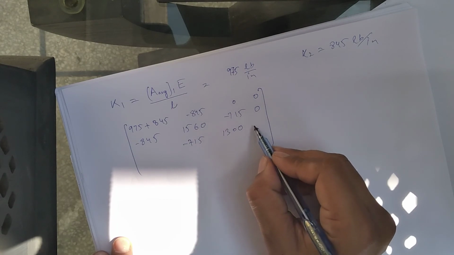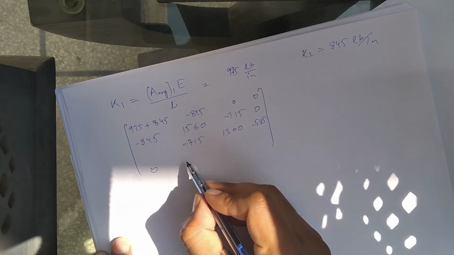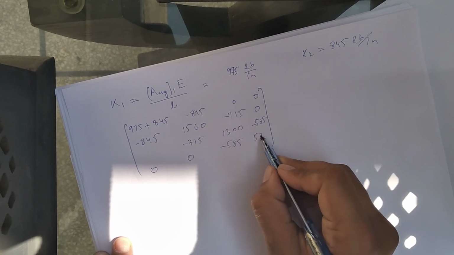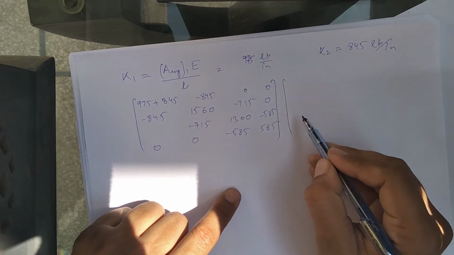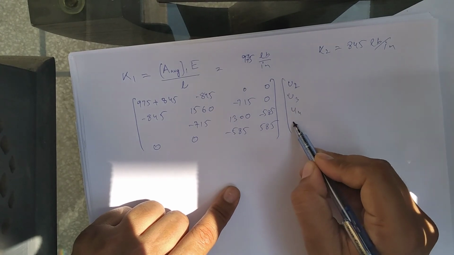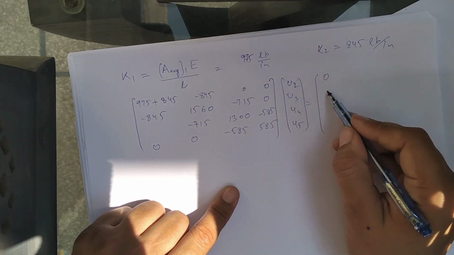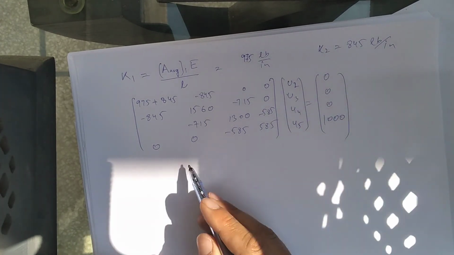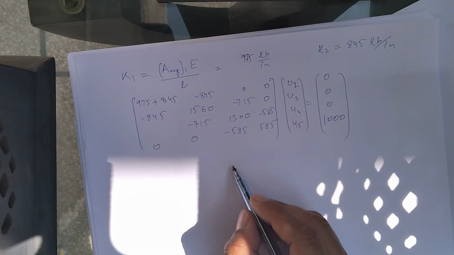Then we have minus 585 and 0, 0, minus 585 and 585. We will multiply it with U2, U3, U4 and U5 to get the values. The right-hand side is 0, 0, 0 and 1000. From here we can get the values of U2, U3, U4 and U5 by solving it in Excel.